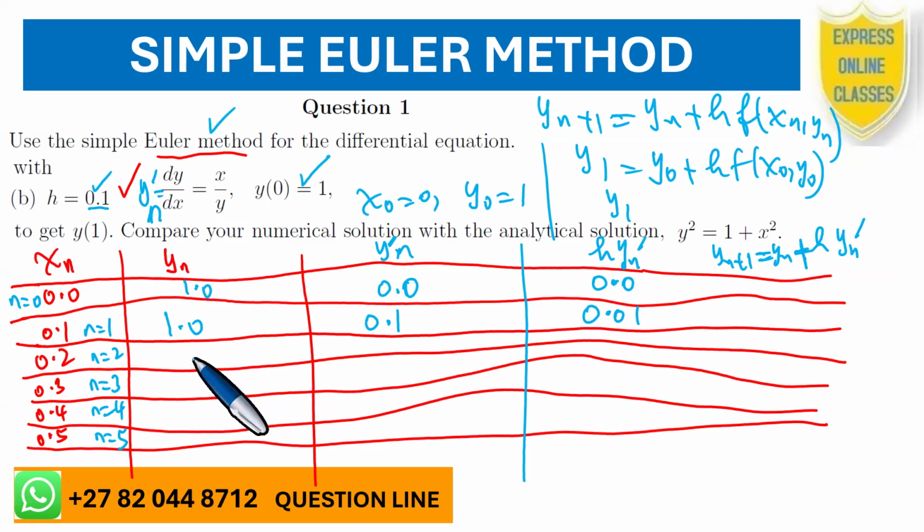We continue. Let's get this one, which is the next y. We take yn plus h times yn prime. So we take this one plus h of that: 1.0 plus 0.01, you get 1.01.